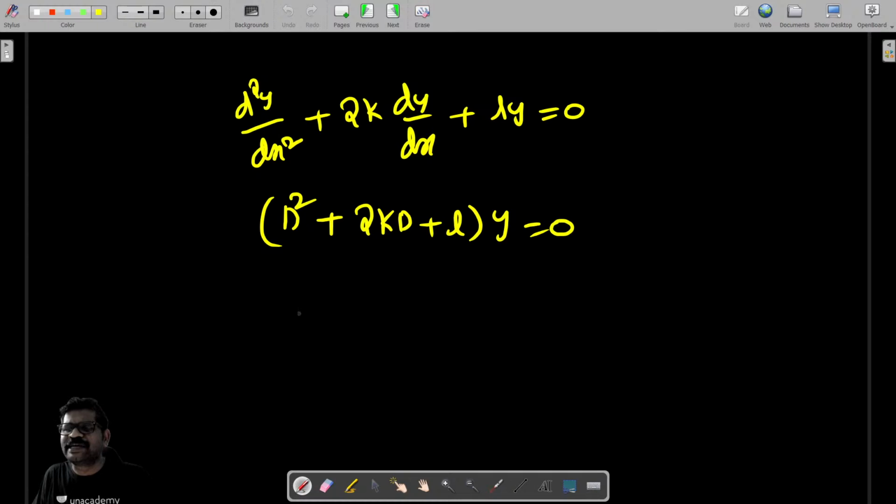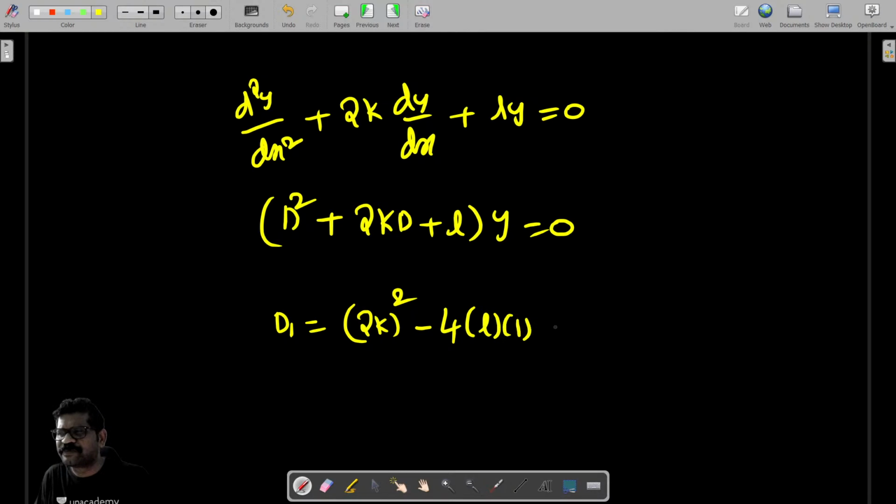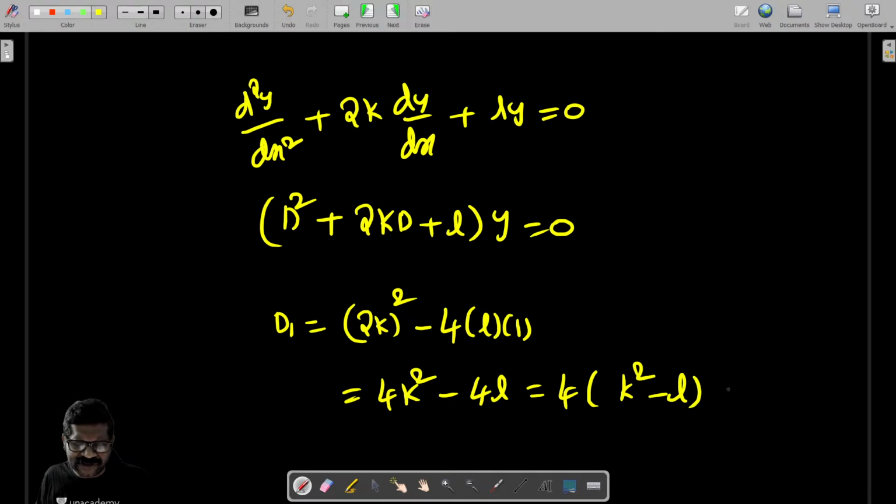Now discriminant, b square minus 4ac, means 2k whole square minus 4 into L into 1, that is 4k square minus 4L, that is 4 of k square minus L. This is equation 1.